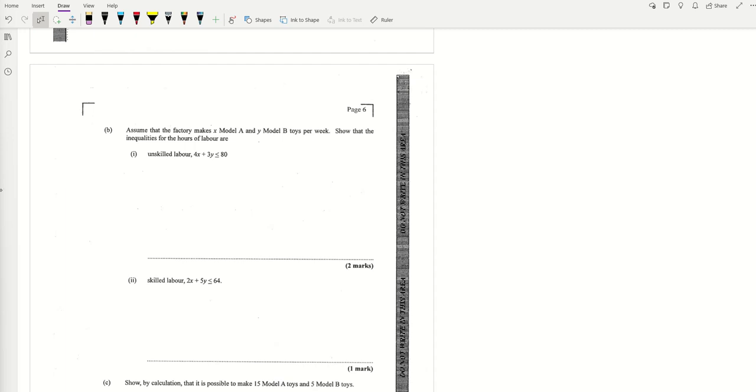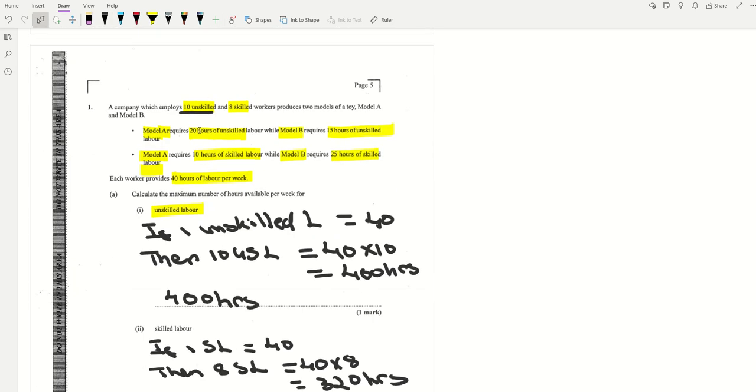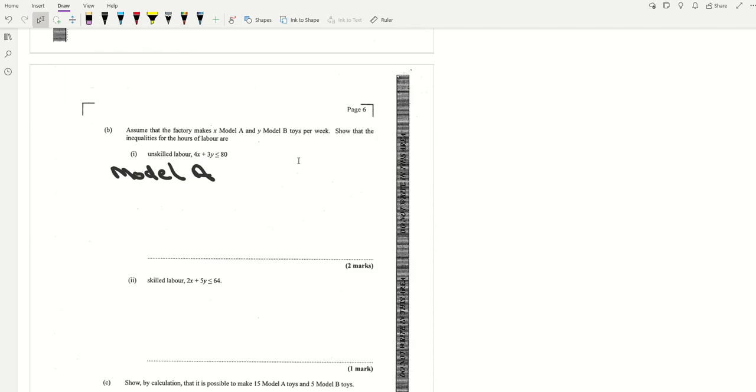So we know that, what did they say for model A? And we're talking about unskilled. Let's go up. For model A, the unskilled is 20 hours. Alright? And for model B it is 15 hours, if I'm not mistaken.